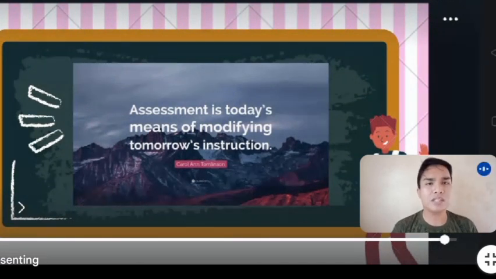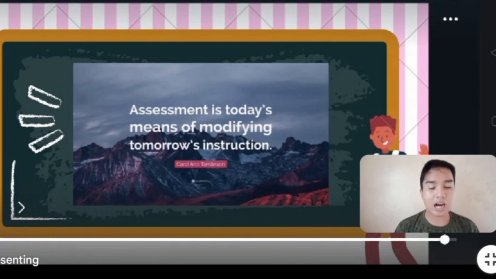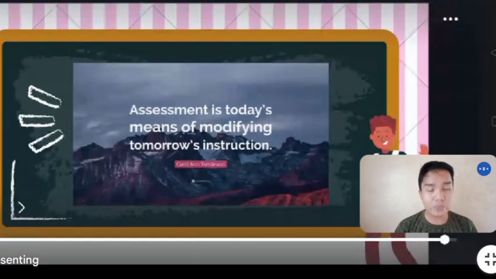So kung kanina na pag-usapan natin iba't ibang type of tests and the importance of assessment, the way we form our assessment and such, we will end this lesson in a statement that assessment is today's means of modifying tomorrow's instruction. Kasi teaching requires follow-ups.